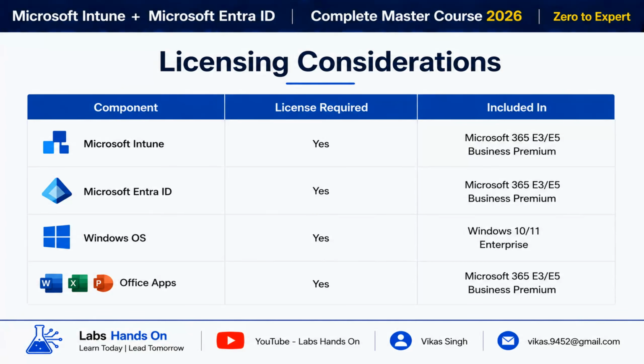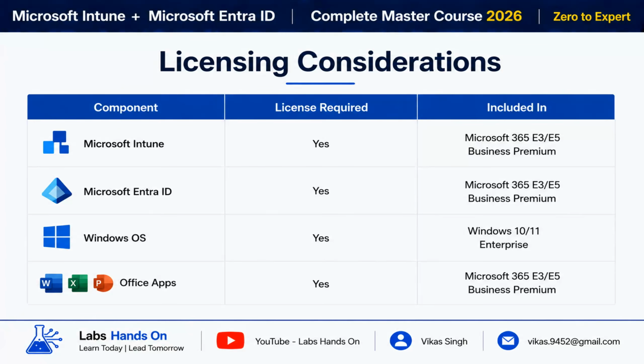So in most organizations, Intune is included with Microsoft Office 365 Business, basically Business Premium, or maybe Office 365 E3 or E5 subscription, depending on what type of license you are purchasing and subscribing. So these provide plans for both device management and enterprise security capabilities.